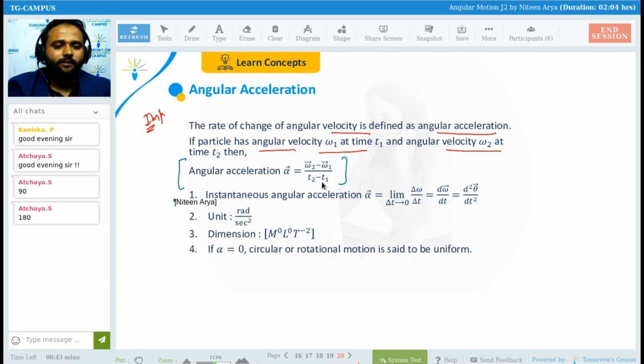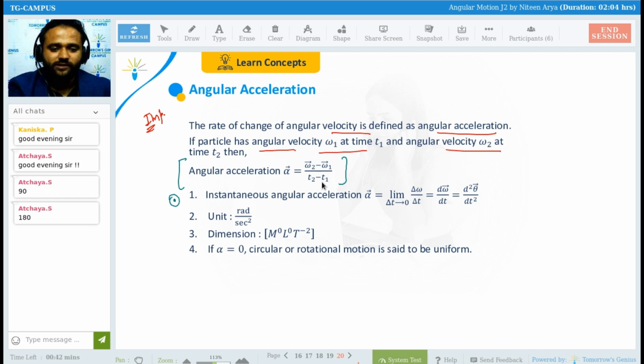Then this is instantaneous at any particular instant when time tends to 0. So you can write d omega by dt or d square theta by dt square. Unit is radian per second square, and this dimension is M0 L0 T minus 2.